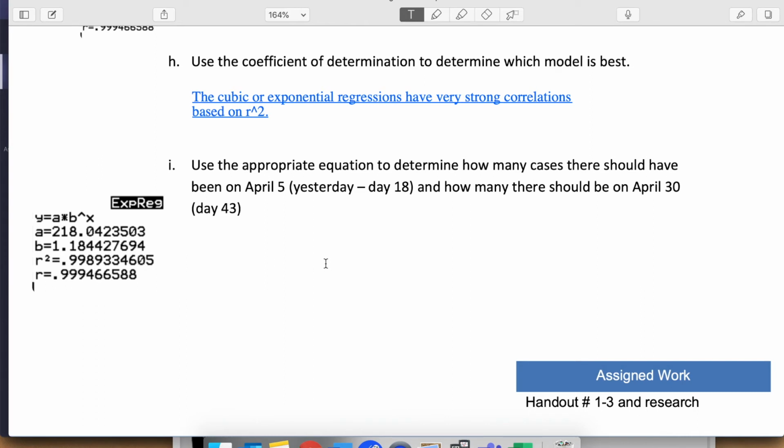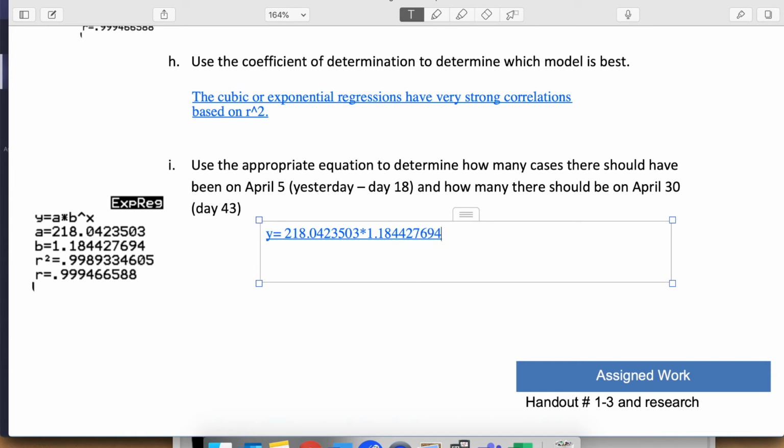So what I need to do is use this equation. The equation is y equals 218.42353, times, I'll use a star for times, and then my base is 1.184427, and so on, 6.